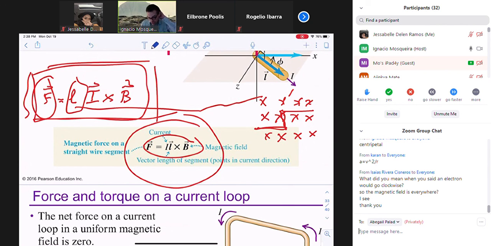But in any case, last point here, and please notice this, because later on you'll come up with the same thing. When you come up with a force for a wire, now you have the current in the wire, and then they have L for the length of the wire, and then cross the B field, the external B field.